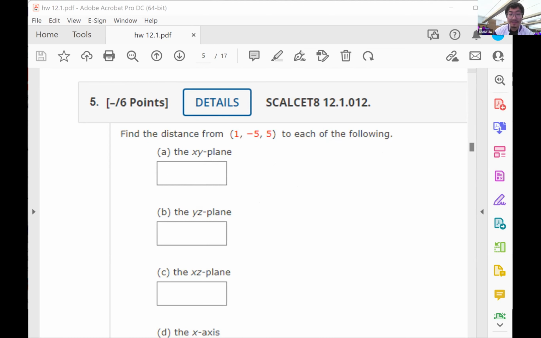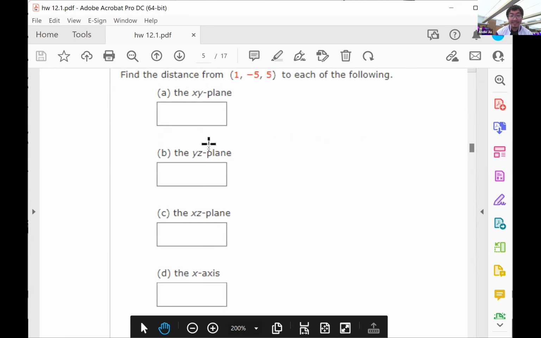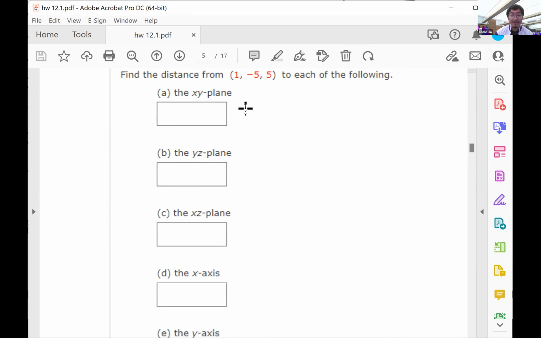And then that is going to be the distance from the point. So if you want to find the distance from the xy plane, it's going to be 1 minus 1, negative 5 minus negative 5, then 5 minus 0, then just under a square root.